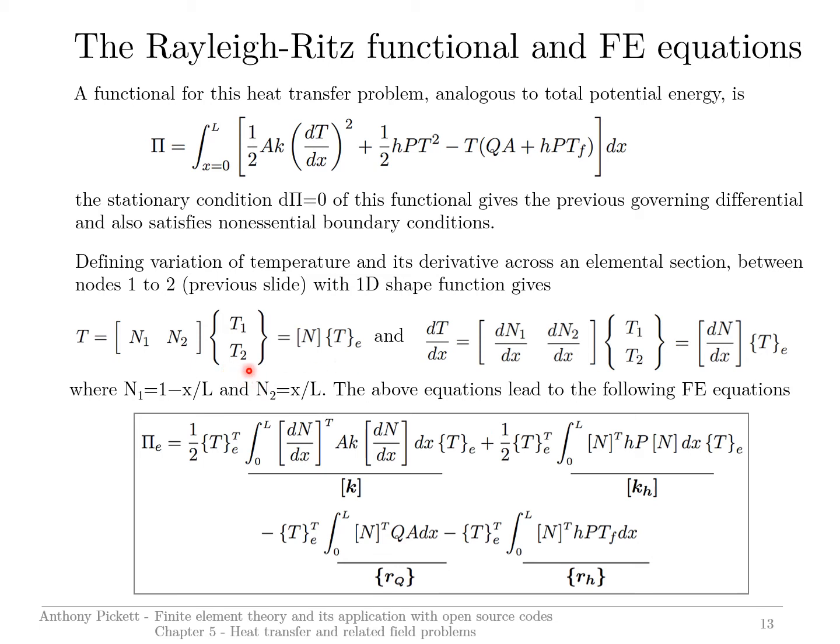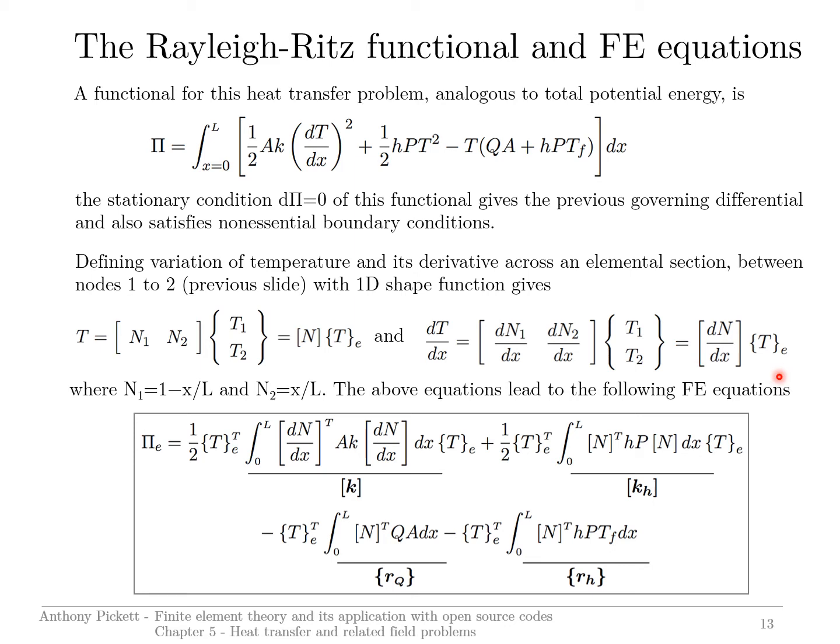T1 and T2 would be the temperatures at the two nodes of that elemental section on the previous slide. Differentiating this, we have this expression here. So this in effect is our B matrix for this particular element, relating the change in temperature at any point to nodal temperatures, in abbreviated form given here.